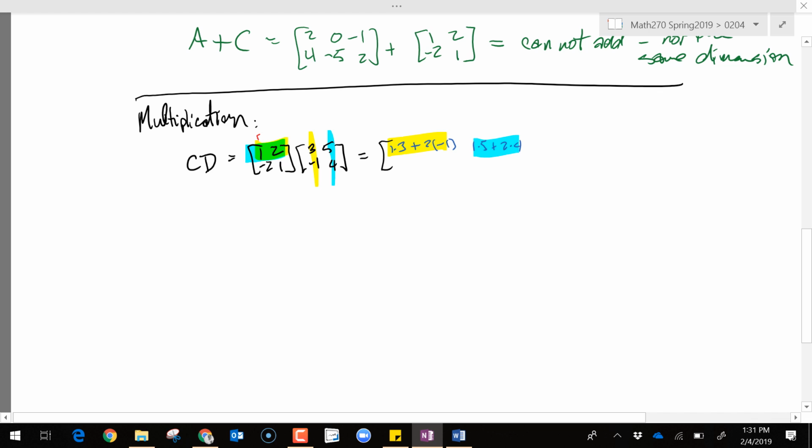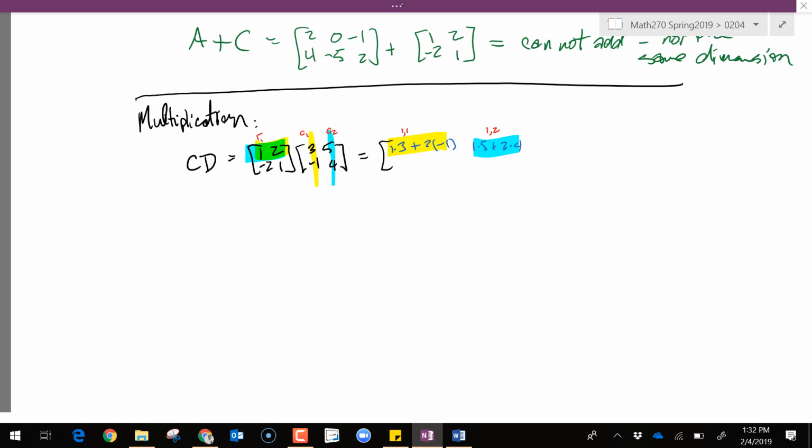You're multiplying the first row with the first column, and then you're at the 1, 1 spot. You're multiplying the first row times the second column, and you're at the 1, 2 spot. So whichever row and whichever column you're dealing with in that multiplication, that's going to be the ijth entry. If you're in the ith row in the first matrix and jth column in the second matrix, then your result is going to be in the ij position in your product matrix.